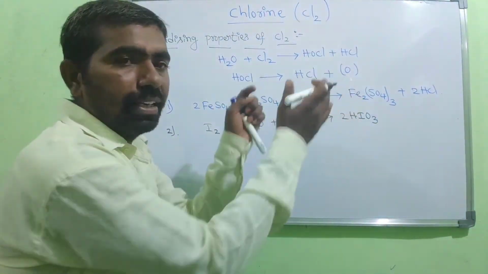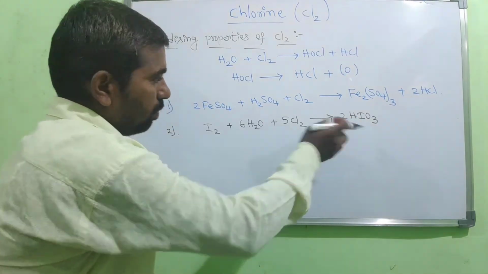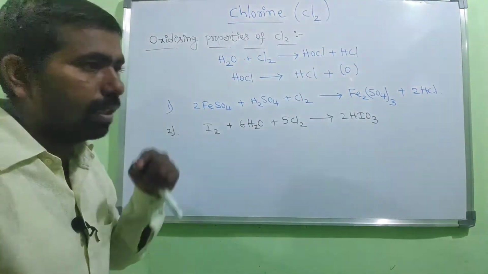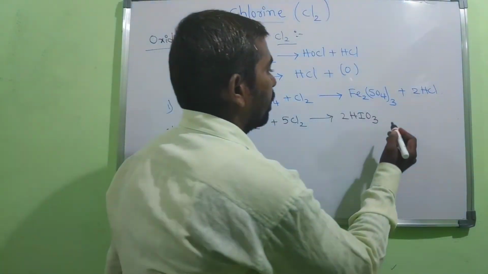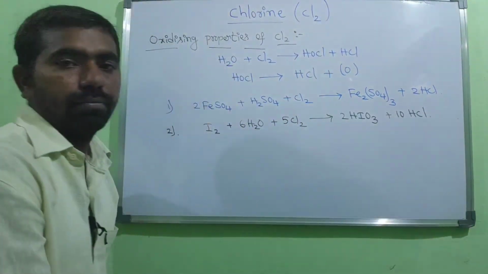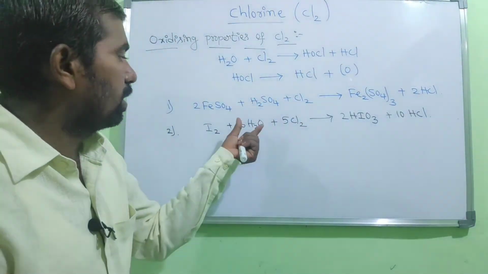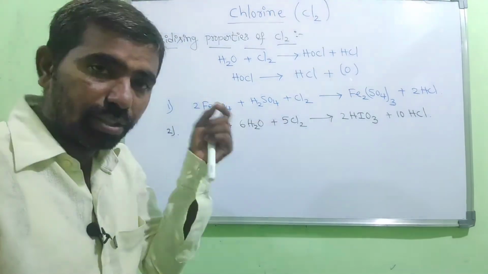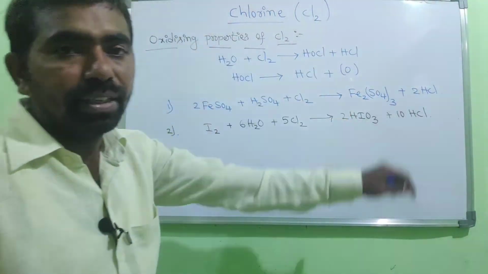So iodine into iodic acid, and the remaining hydrogens are removed from this. A total of 12 are there, 2 removed, that means 10 hydrogens with 10 chlorines. So finally we can write 10 HCl. So that is one of the oxidation reactions of chlorine. In the presence of water molecules, when it is in aqueous medium, it acts as an oxidizing agent. It oxidizes iodine into iodic acid.